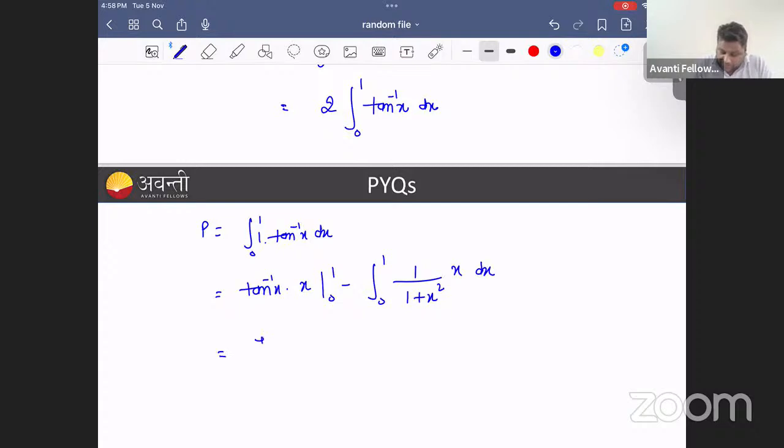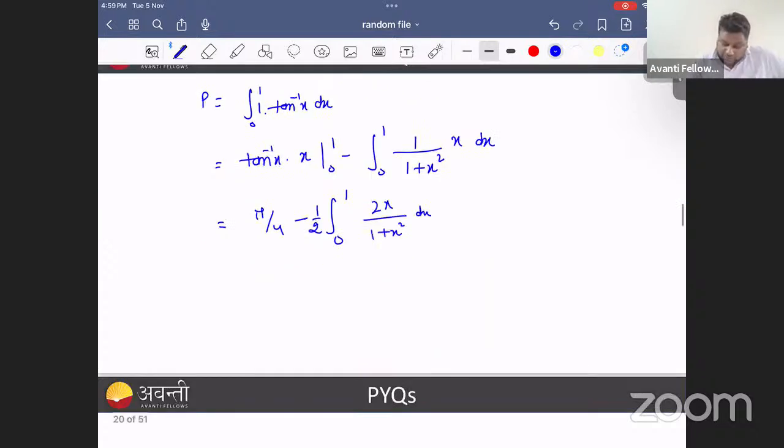Now at 1 it will be pi by 4 minus 0 to 1, I write it 2x upon 1 plus x square dx. So what I did, I multiplied and divided by 2. So it is pi by 4 minus half ln of 1 plus x square, limit 0 to 1. So pi by 4 minus half of ln 2.